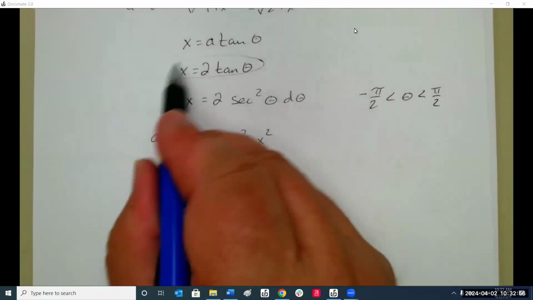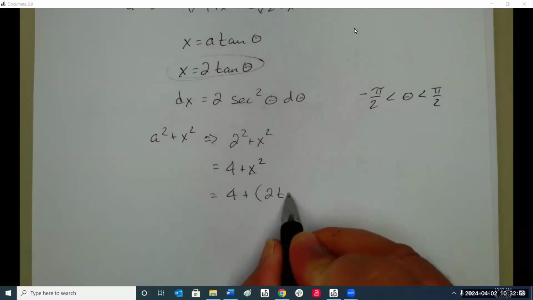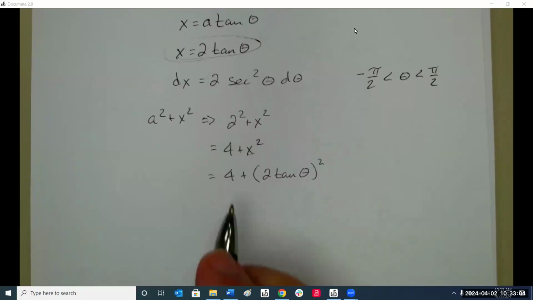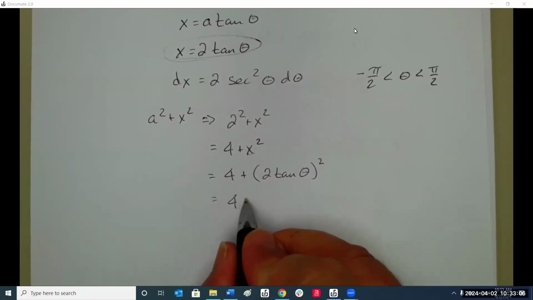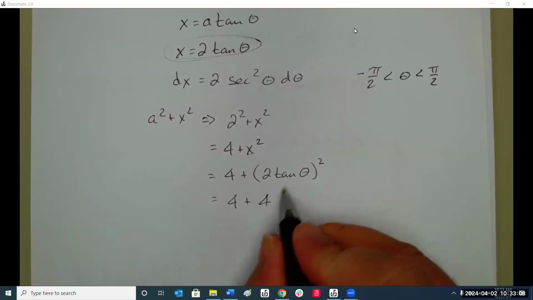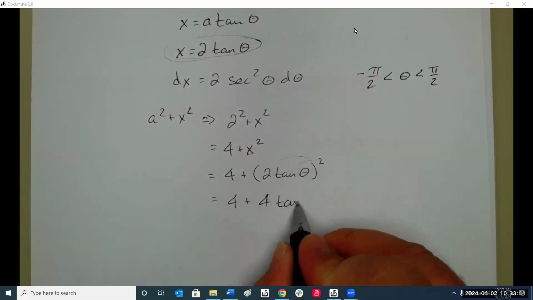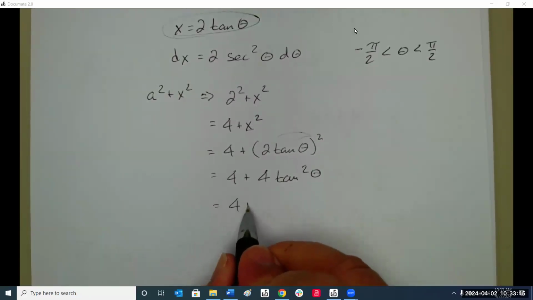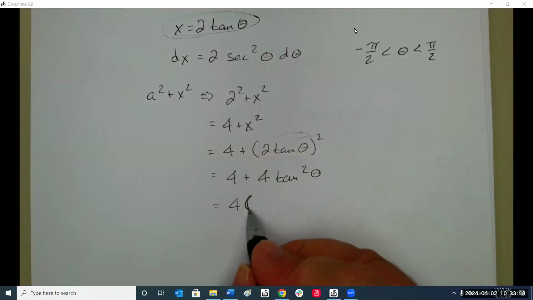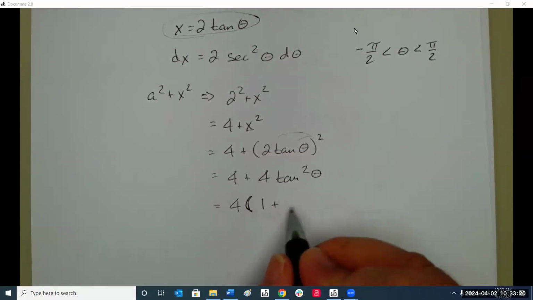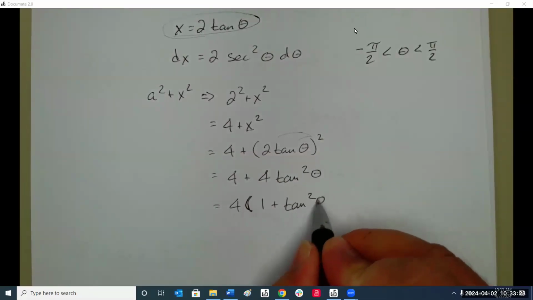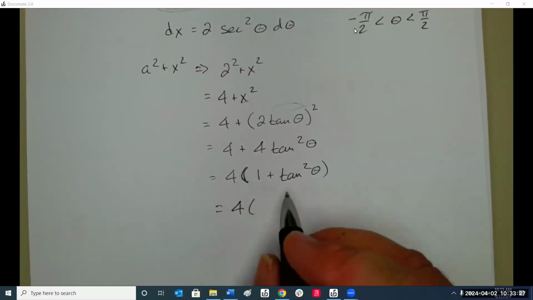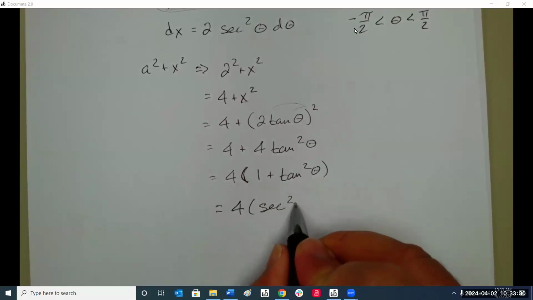With x as 2 tangent theta, squared, which is 4 plus 4 tangent squared theta. So we take out a 4, we have 1 plus tangent squared theta. 1 plus tangent squared theta is secant squared theta.